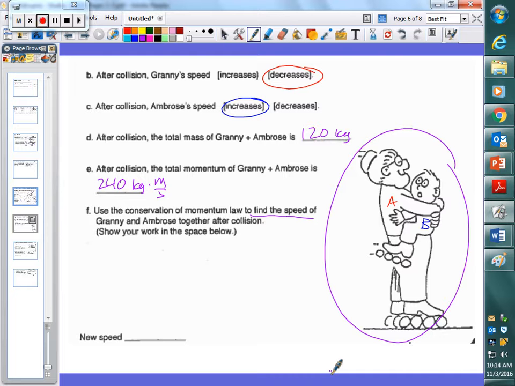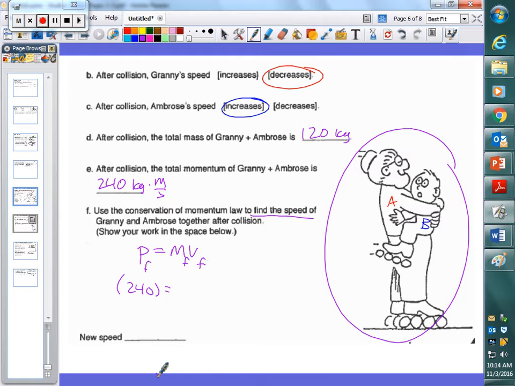Alec? 2 meters per second. Do we see where that came from? How do we calculate the momentum of something? Notice I'm working in purple here. In this case, we want the final momentum, the final mass, and the final velocity. We know that the final momentum of Granny and Ambrose has to be 240.